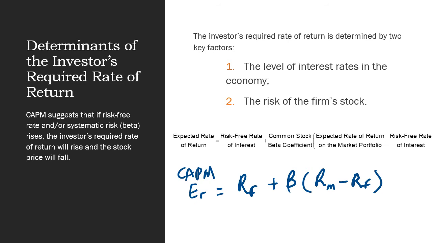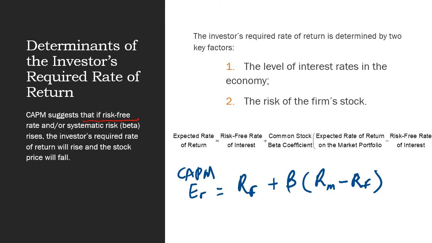We can answer this question by using CAPM, the capital asset pricing model, which suggests that if the risk-free rate and systematic risk beta rise, the investor required rate of return will also rise, and this will lead the stock price to fall.